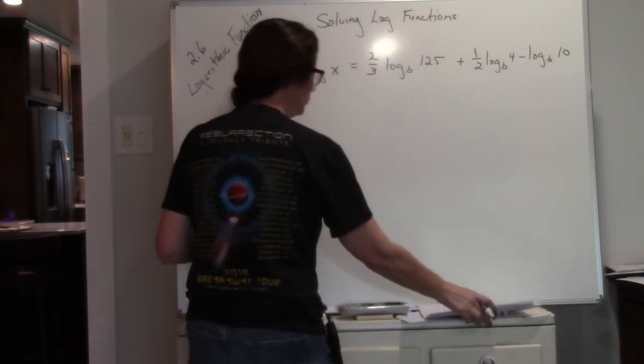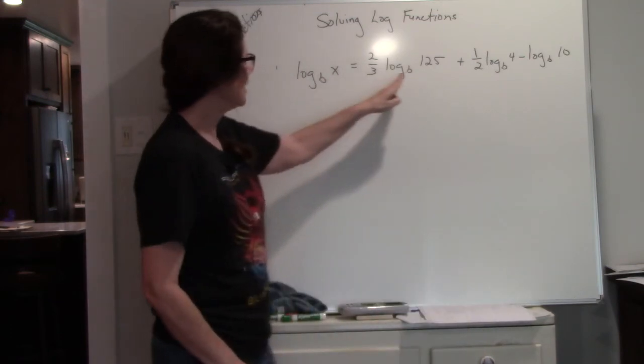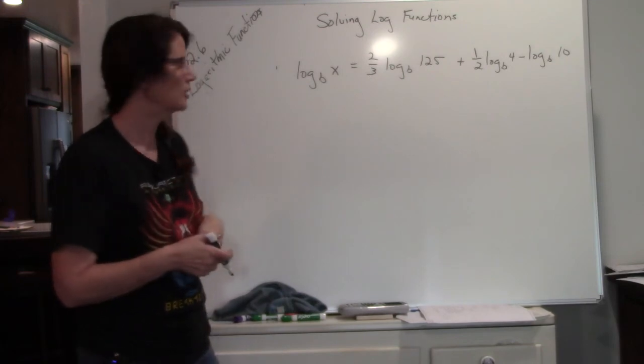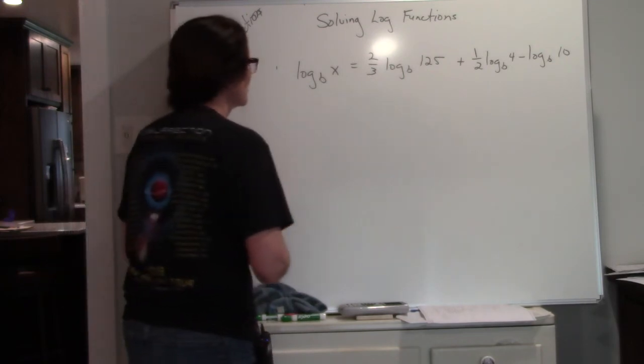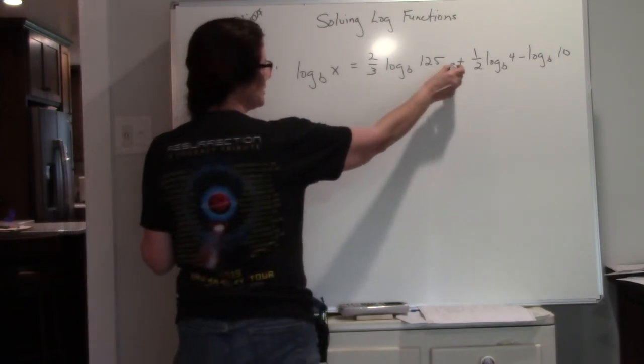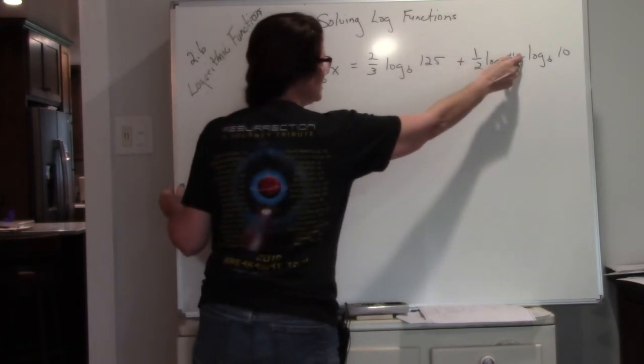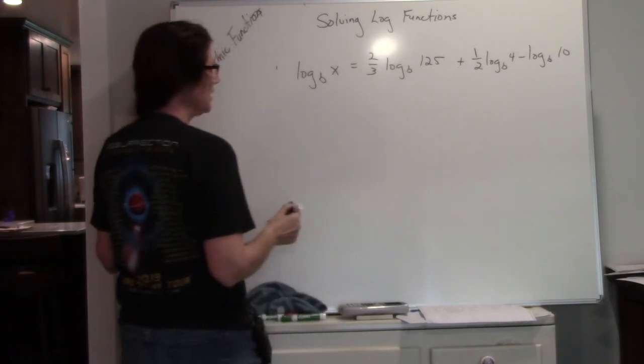So one thing you want to notice is all of these have log base b. That means we're good to go. We can go ahead and use the properties of logs. So I'm seeing plus here, which means I'm multiplying these two. I'm seeing minus here, which means I'm going to divide by 10.